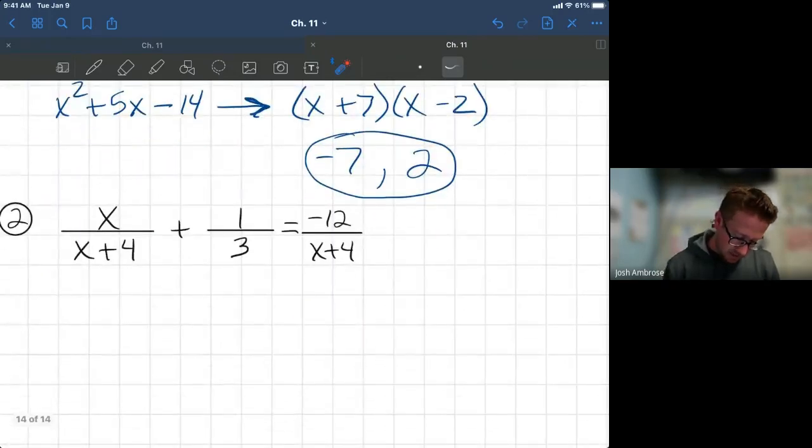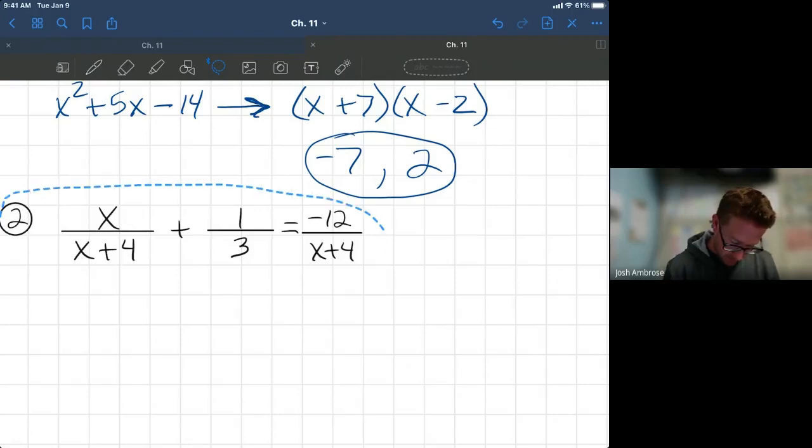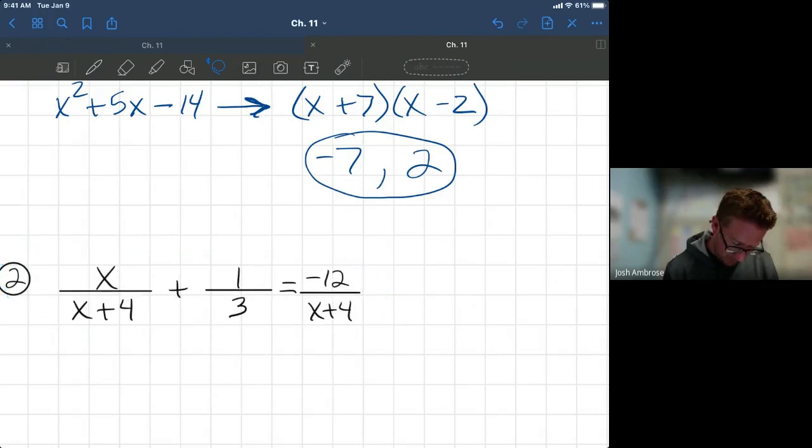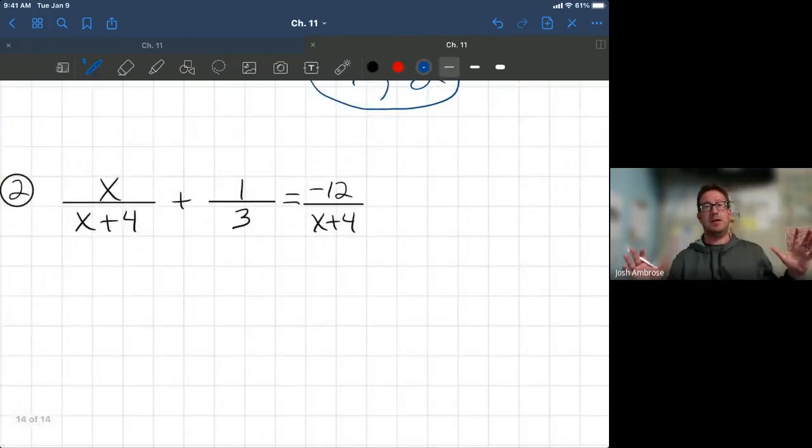Now let's take a look at example problem number 2 here. Let's give ourselves a little bit more space. Maybe we can move this down just a bit. Okay. All right. So what's our common denominator? That's step 1, because we know we can't cross multiply. We have 3 fractions.